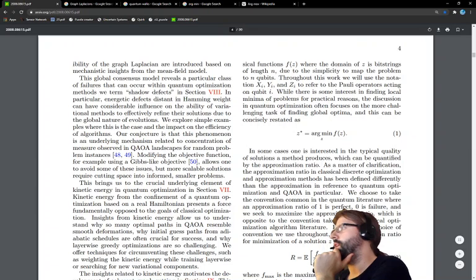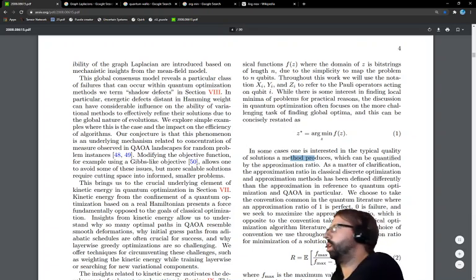Okay, in some cases, one is interested in the typical quality of solutions a method produces, which can be quantified by the approximation ratio. As a matter of clarification, the approximation ratio in classical discrete optimization and approximation methods has been defined differently than the approximation ratio in reference to quantum optimization and QAOA in particular.